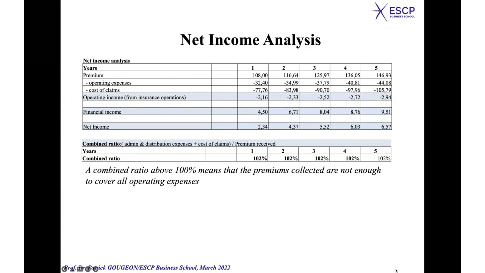So you see that year after year, you have 102%. 102%, what does it mean? It means that the operating income is negative because the total cost, operating expenses plus cost of claims, is higher than the premium received. If you have a ratio above 100%, it means that the premiums collected are not enough to cover all operating expenses. In other words, it corresponds to the situation we have here, which is a negative operating income.